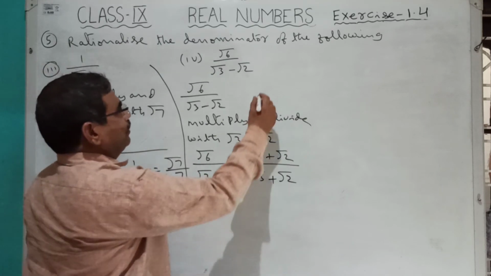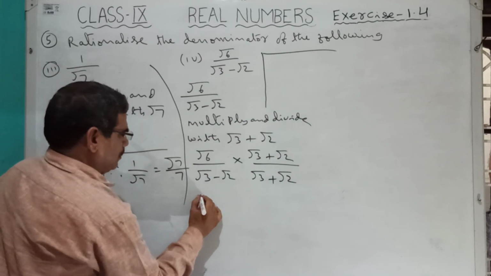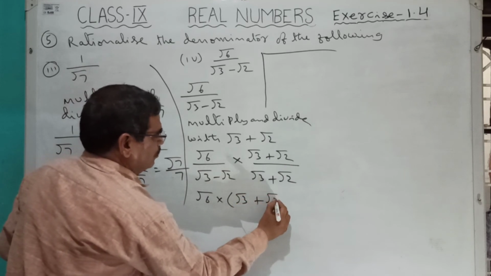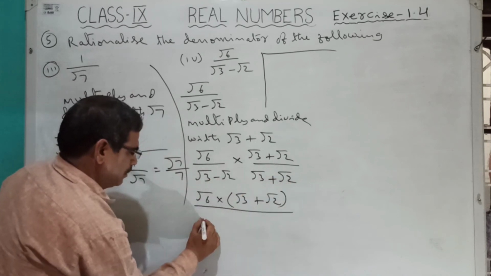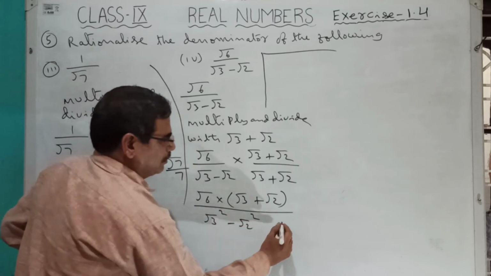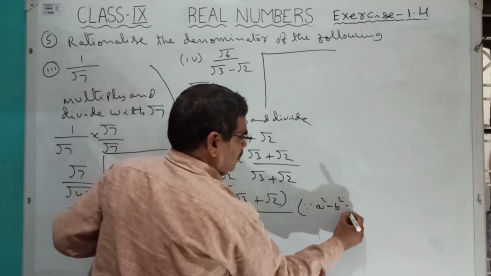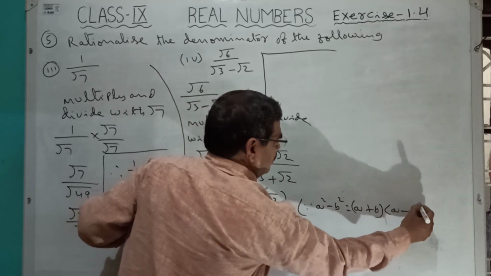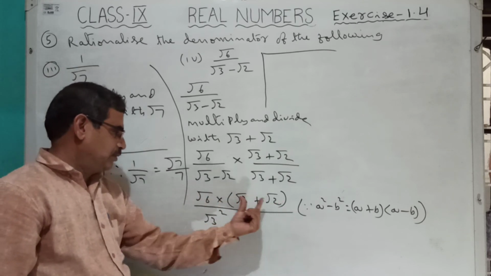So in numerator, root 6 into root 3 plus root 2. In denominator, a minus b into a plus b, so root 3 square minus root 2 square. Here that formula: a square minus b square is equal to a plus b into a minus b. So I will multiply this thing with root 6.